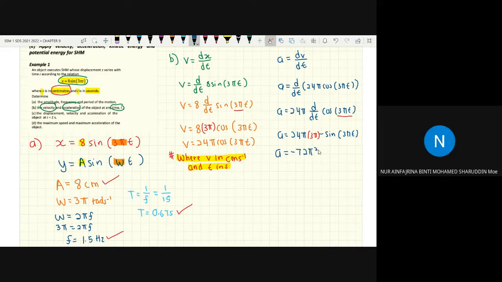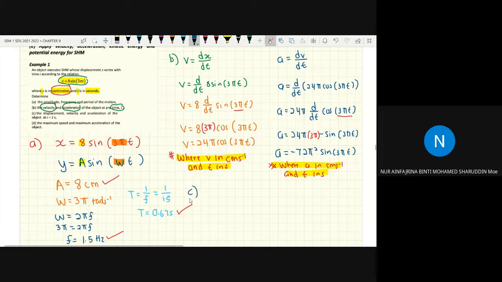Very good. Negative 72 pi squared sin 3 pi t. Tak habis lagi. Never ending. You kena tulis where a in centimeter per second squared and t in second. Okay, boleh? Okay, next one. Itu je.